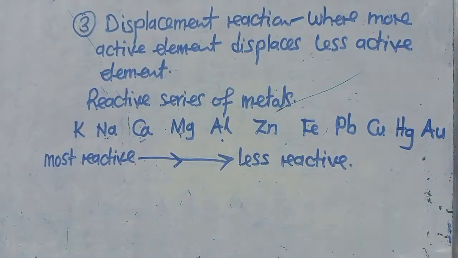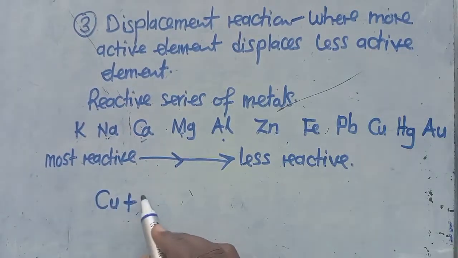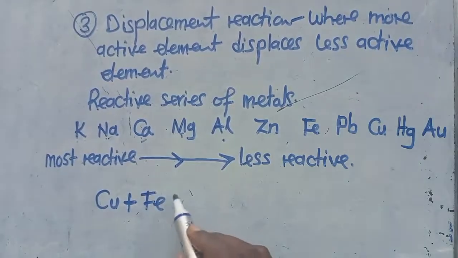You need to do everything possible to know it, because you are going to face challenges. There are certain reactions that will exist that are not even there. They're just there to test your mind. For example, under the displacement reaction, you can have copper reacting with iron sulfate.